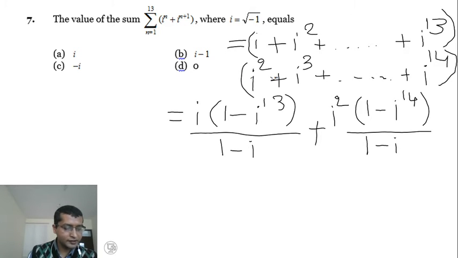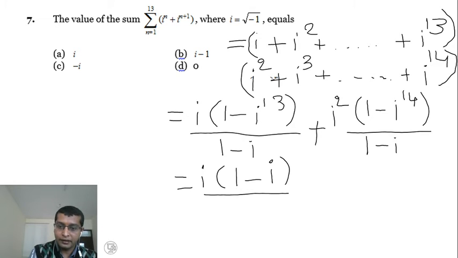Okay, if you simplify this, we get i, 1 minus i raised to 13 can be written as i raised to 12 and i raised to 1 here, so that will become i divided by 1 minus i.